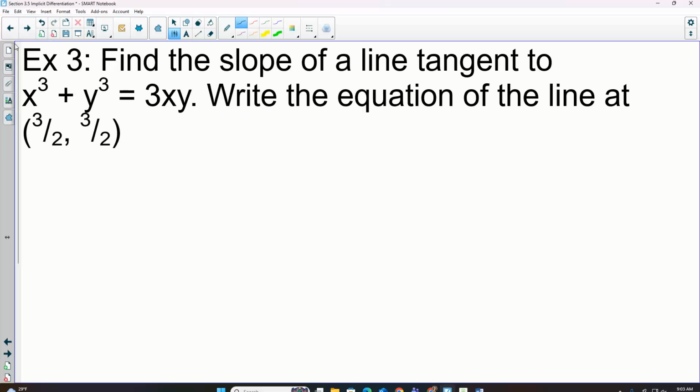Alright, so if I want the slope of the line tangent to x cubed plus y cubed equals 3xy, and then write the equation of the tangent line. Alright, what do we do first?